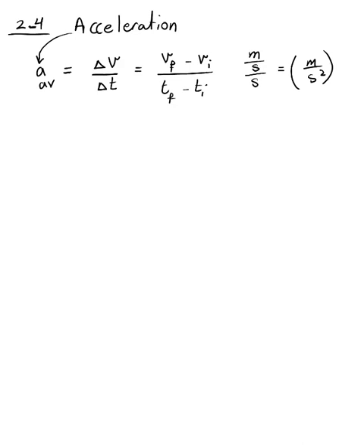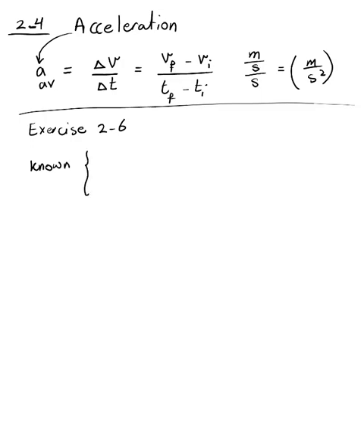Let's do an example here. Exercise 2.6 on page 29. It says a certain car can go from 0 to 60 miles per hour in 7.40 seconds. So, the knowns of the problem: vi equals 0, vf equals 60 miles per hour, and the time is given to be 7.4 seconds.